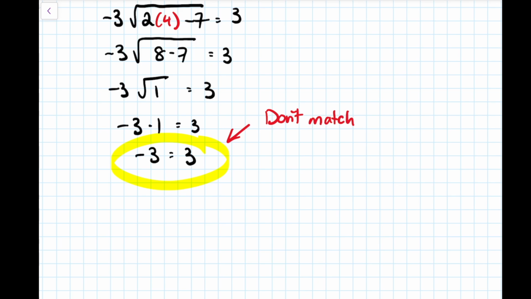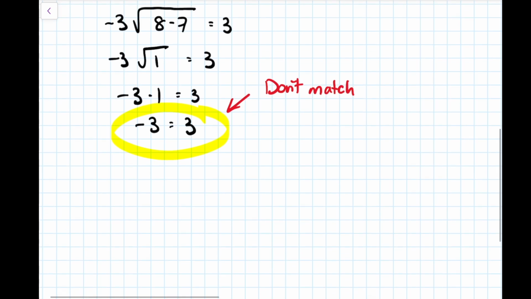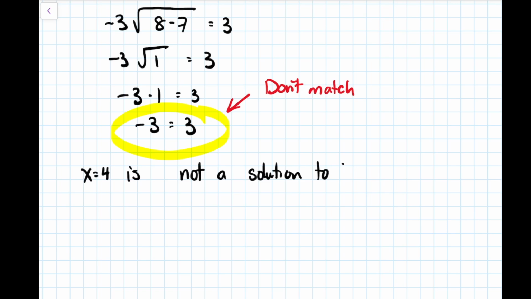Our solution here isn't actually a solution. It's a fake solution. So x equals 4 is not a solution to our original equation. It was a solution somewhere along the way, and I'll talk about what that means in a sec. So x equals 4 is not a solution to the original equation.